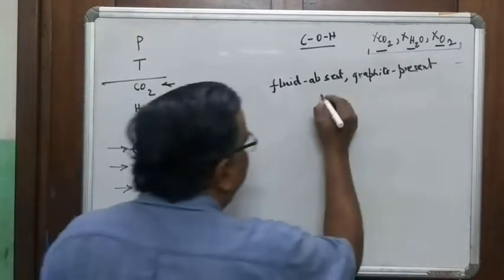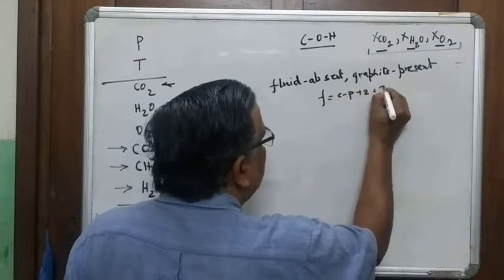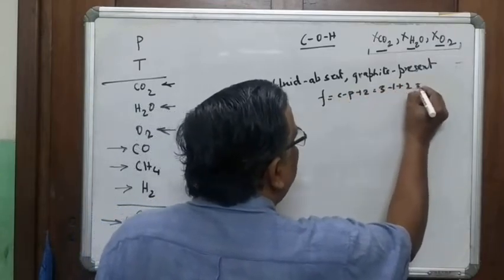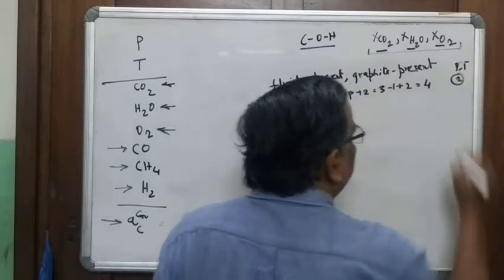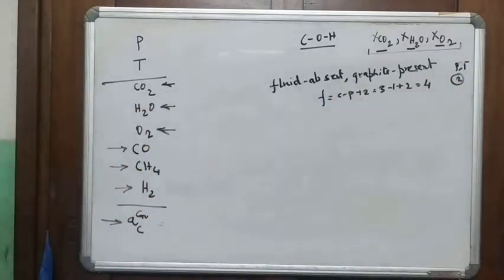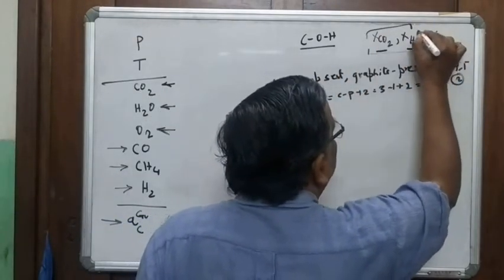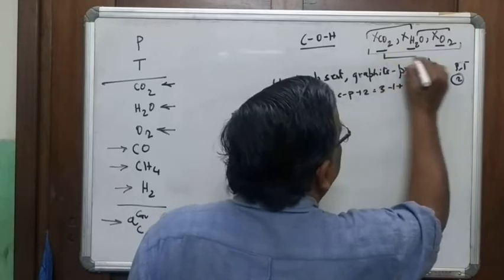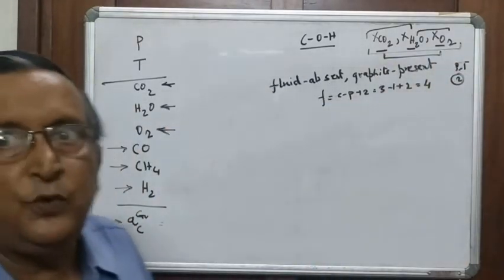And we know the F value for this is equal to C minus P plus 2, 3 minus 1 plus 2, that is 4. At known pressure and temperature we have 2. So you have the option of either this or this or this. Any two will do. We don't need 3. Any two will do.